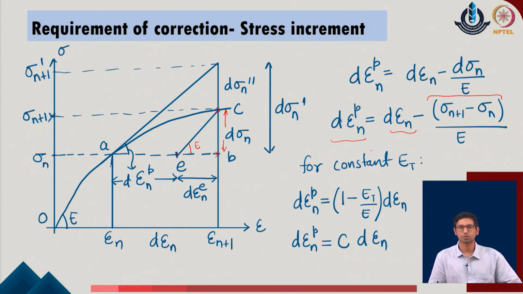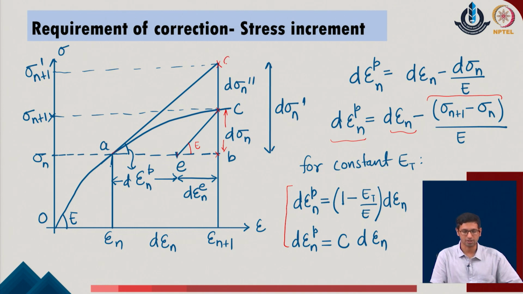Now, once the user is able to do it, we have also seen that in case of the constant value of the ET, where the system does not follow the relationship with the non-linearly varying strain hardening, but rather a constant strain hardening part, the point C will actually coincide with the actual point, which is somewhere over here.